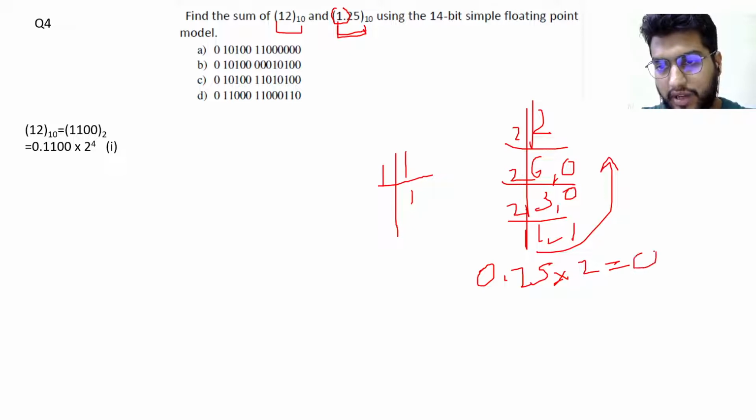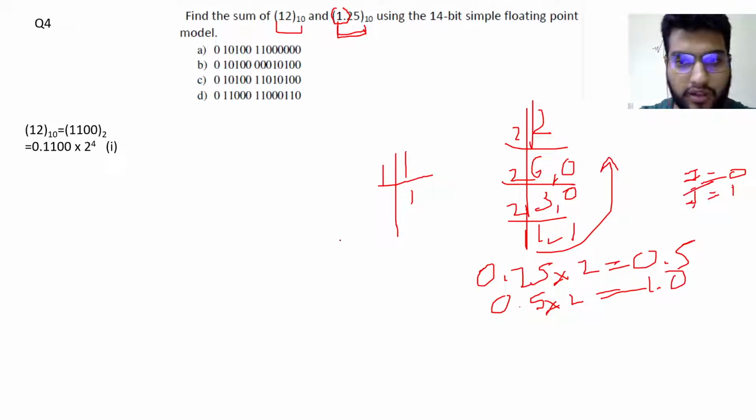So we get 0.5. So the integer part is 0. Then 0.5 multiplied by 2 gives us 1. So the integer part is 1 and the fractional part is 0. So my number in binary will be 0, 1. So my number in total will be 1.01. That's what I have written here.